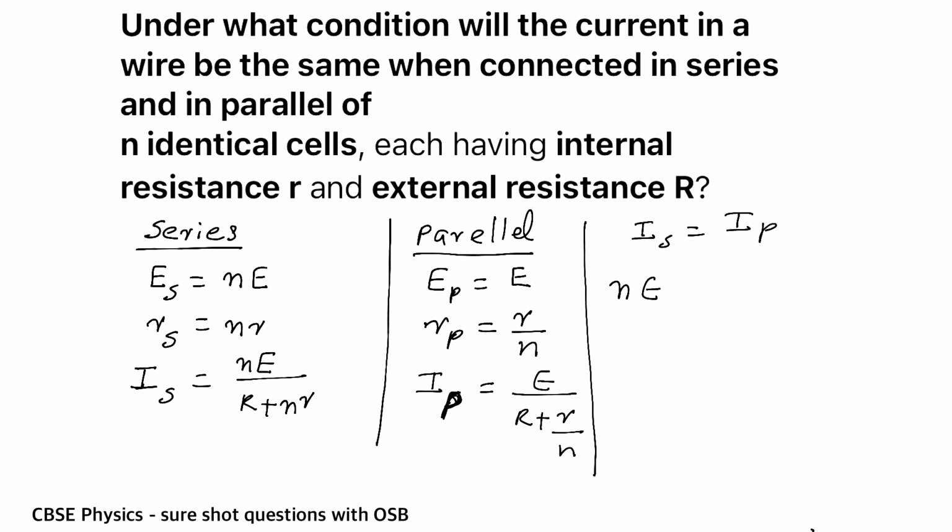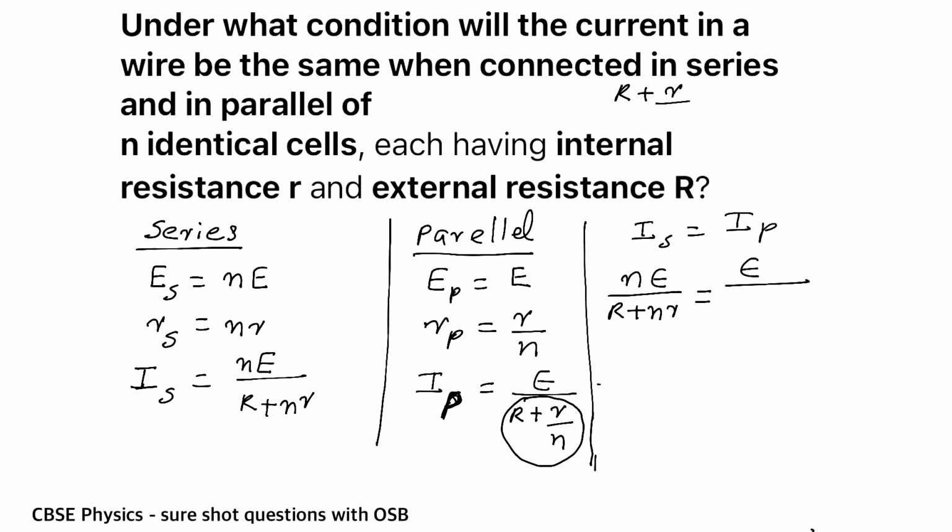Ne by R plus Nr is equal to E by, I am just rearranging the denominator here. So R plus r by N, right?